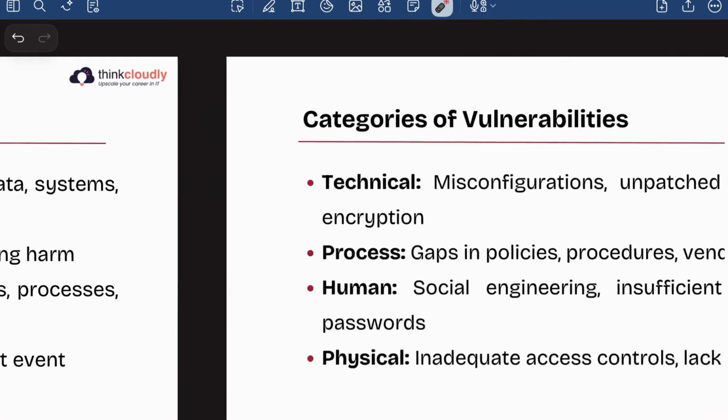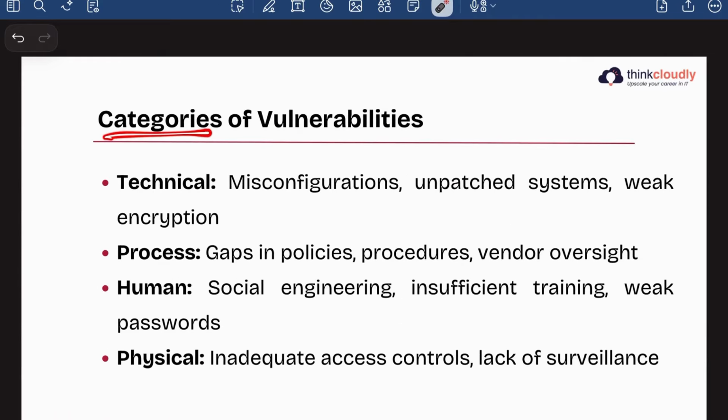And definitely there are a lot of vulnerabilities in risk. Let me tell you the types of vulnerabilities. Technical vulnerabilities, which are obviously unpatched software, then we have weak encryption, misconfigured firewalls, very common, right? Process vulnerabilities like no backup available, no SOP available, poor vendor risk management, lack of change management, lack of access controls, right?